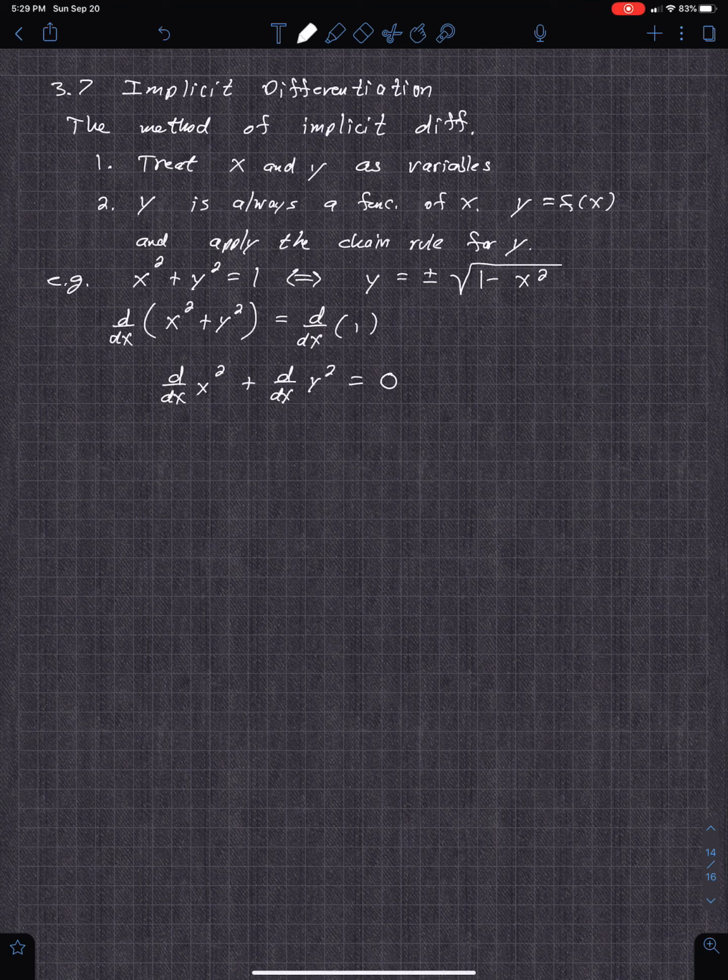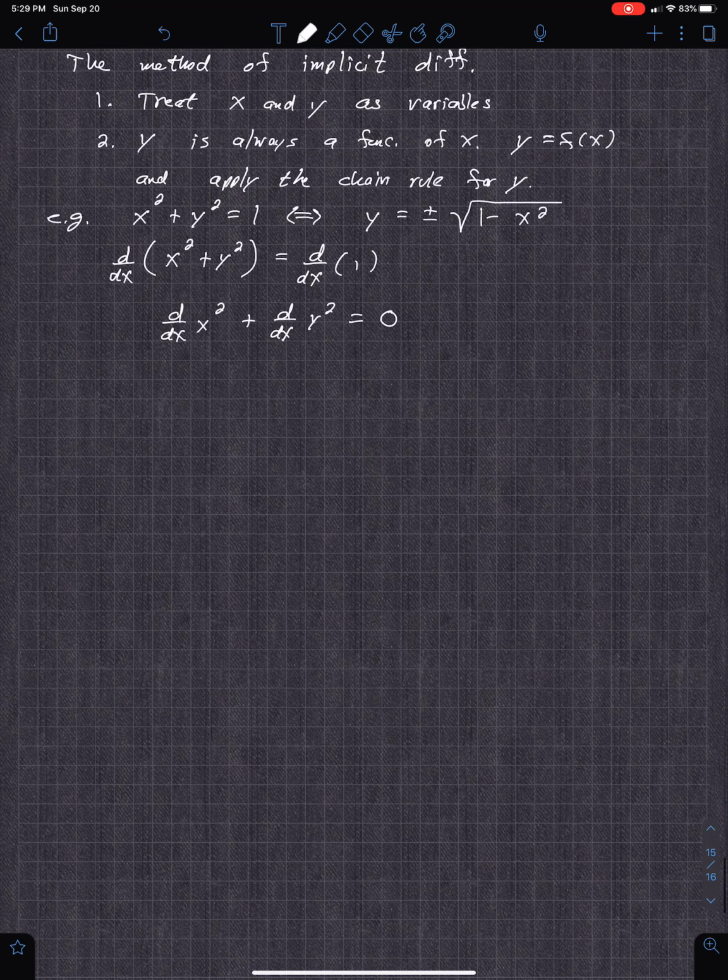Let's just go ahead and do that. So now the derivative of x squared is just 2x, but it's already a function of x, so you just leave it. And then plus the derivative of y squared is 2y, and then you must use the chain rule, times y prime, equal to 0.